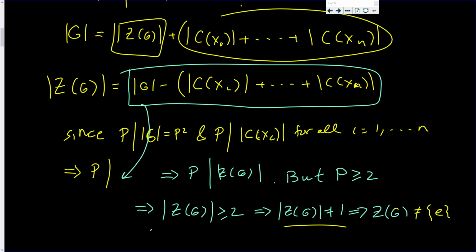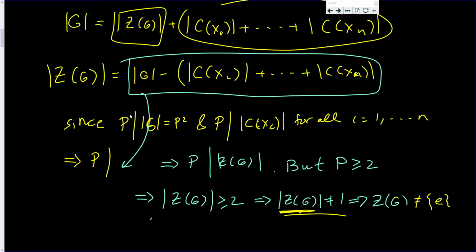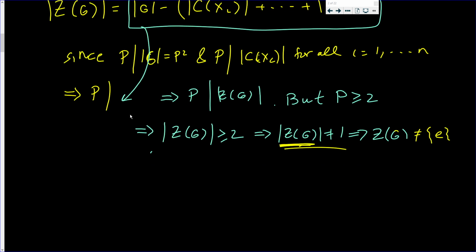Recall that e must be in the center, because the entry fee to be in the center is that you commute with every element in G. And of course, if little g is any element in the group G, it clearly commutes with e, putting e into the center. But the center is not only e, so that implies that Z of G is non-trivial.